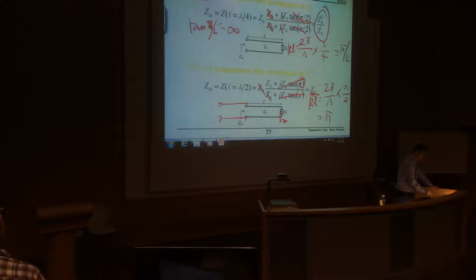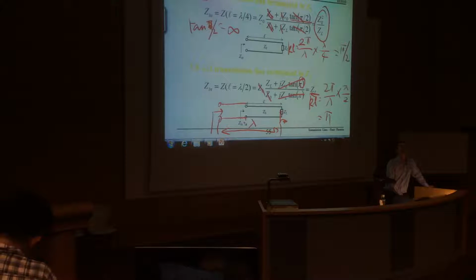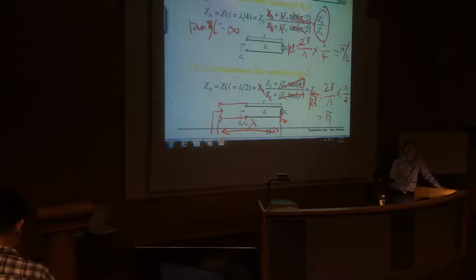For instance, here is 1 wavelength. Then what is the input impedance? Now this length is 1 wavelength. What is the input impedance? Just now we mentioned for half wavelength, the input impedance is ZL.